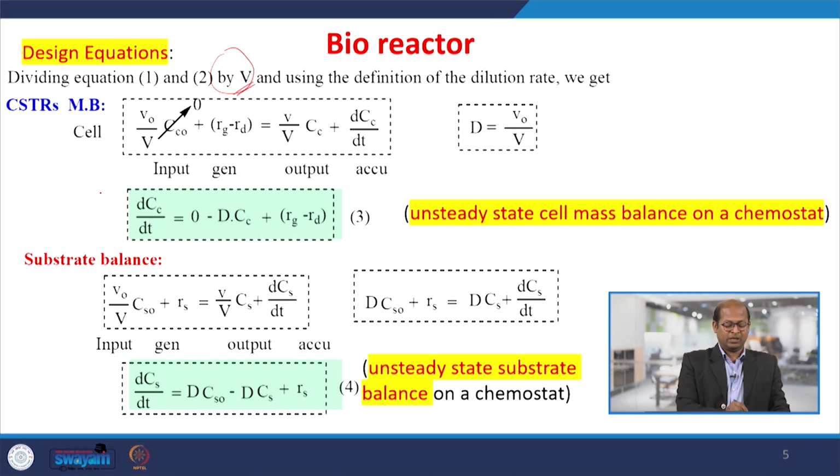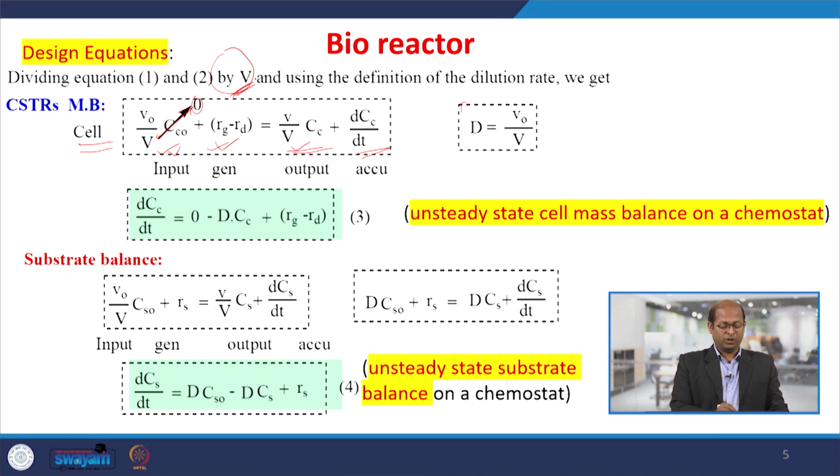At the beginning we are assuming that the cell concentration is 0. This is the input term, this is the generation term, this is the output term, and this is the accumulation term.